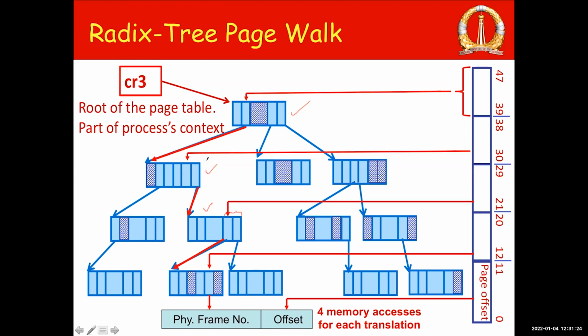This entry is more likely to be found in your L1, L2, L3 cache as opposed to this entry. And for that matter, this entry is even more likely to be found in your L1, L2, L3 cache as opposed to this one. So there are also alternative cache structures which are meant specifically for holding the page table entries, which are called page walk caches. Those were some of the other things that people have talked about.